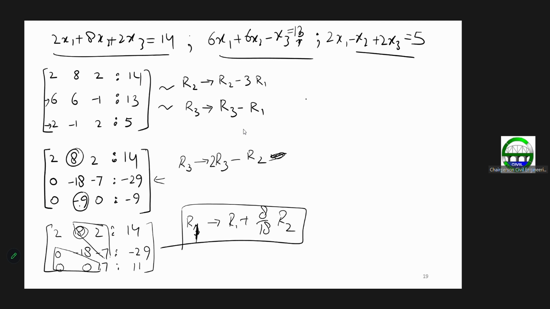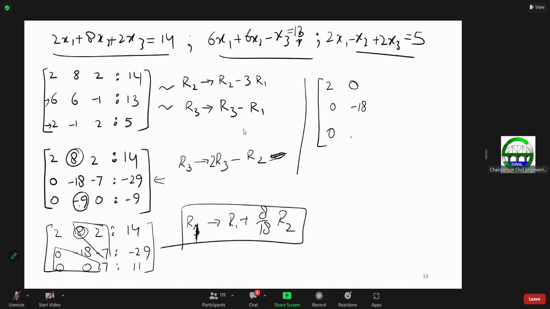Okay, so if it is working, then our matrix should look like 2 0 0, then 0 0. Then we will make it 0, and then it will be minus 18, and then this will be your 0.